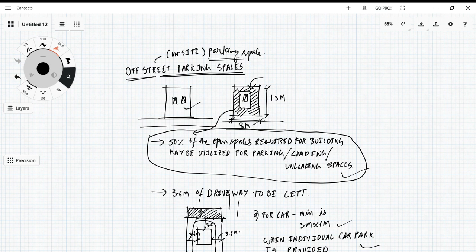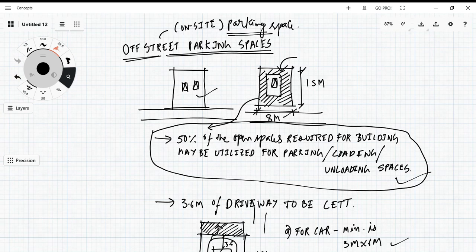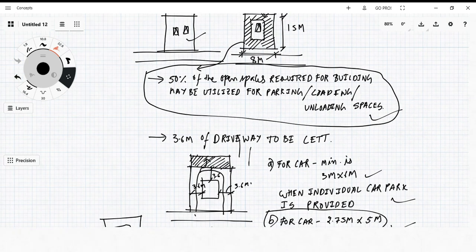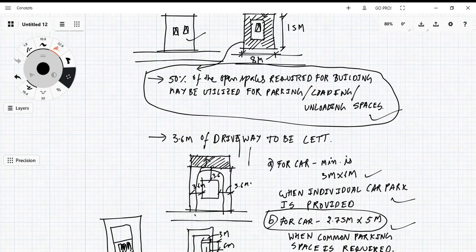As per NBC 2016, 50% of the mandatory open space required for building may be utilized for parking, loading or unloading spaces. 50% of mandatory setbacks, I can use if I want. But the condition is I have to leave about a 3.6 meter driveway all round. Then only I can use it.